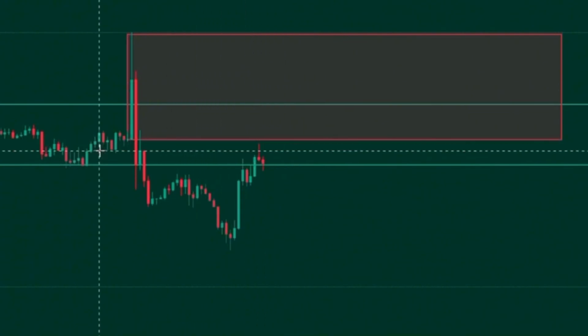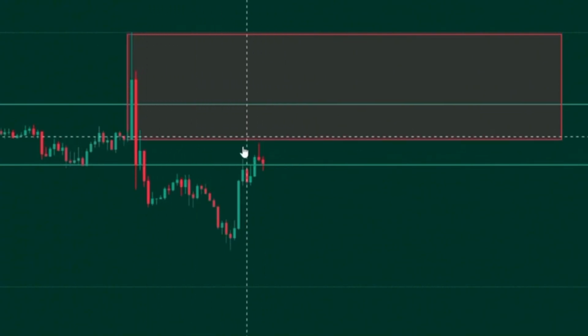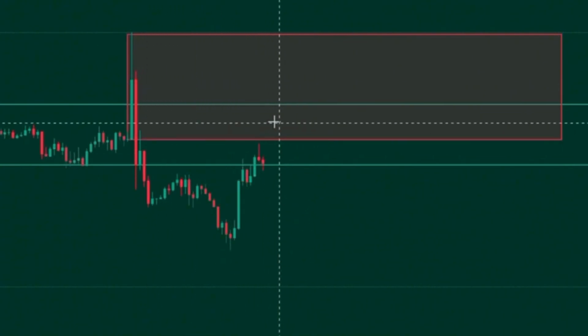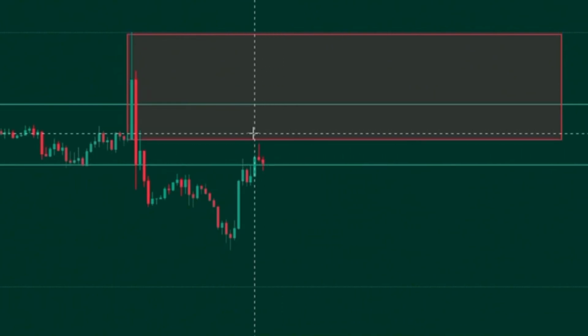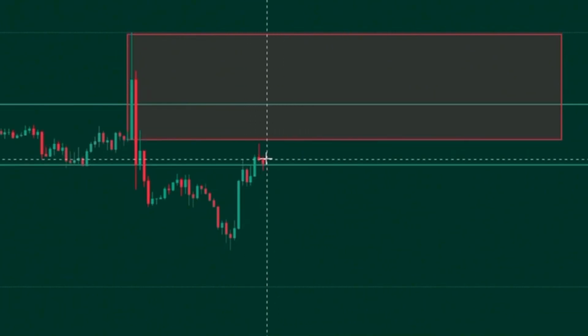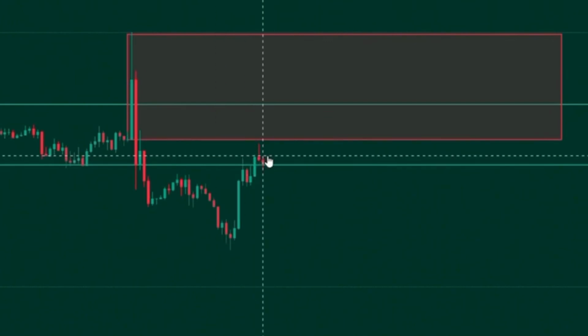Now, fundamentally, you want to see the wick rejection around this level, right? Phenomenal stuff, seeing the wick rejection here, and you're seeing the clear intention.